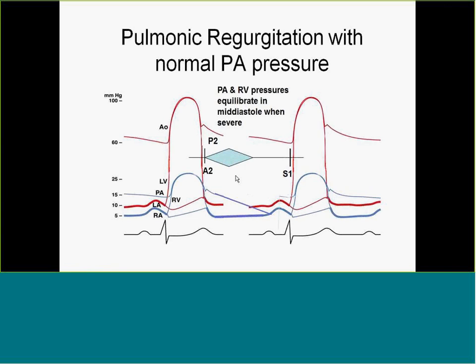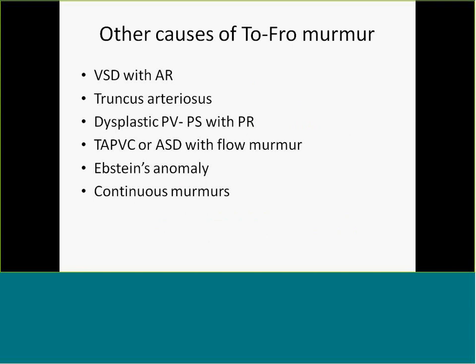There are causes of to-and-fro murmur which you must know from the exam point of view. VSD with aortic incompetence: in this case, you have a systolic murmur of VSD and a diastolic murmur of aortic incompetence. But the aortic incompetence murmur is very distinct, a high-pitched, early diastolic murmur.